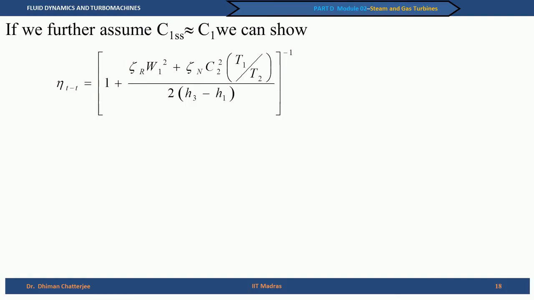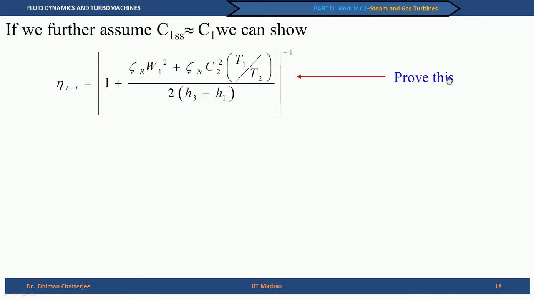But if we assume that the difference between C1SS and C1 is not significant, then we can say that eta Tt can be given as 1 plus zeta r times W1 square plus zeta n times C2 square multiplied by T1 by T2, whole divided by 2 times H3 minus H1, to the power minus 1. You can prove this.